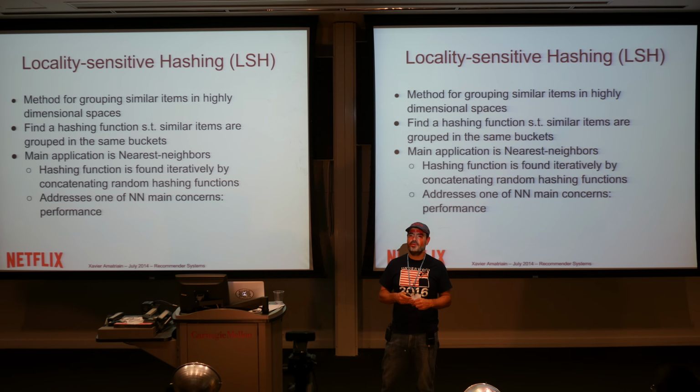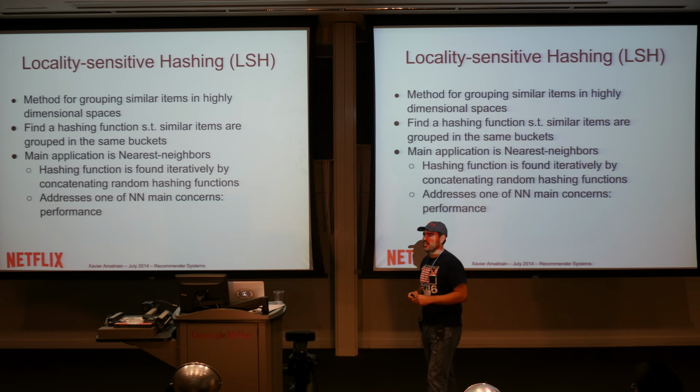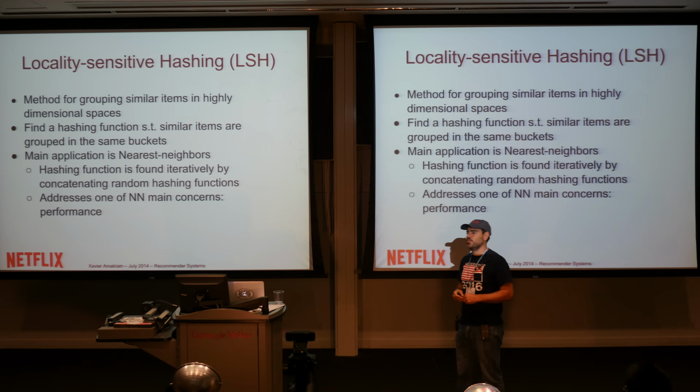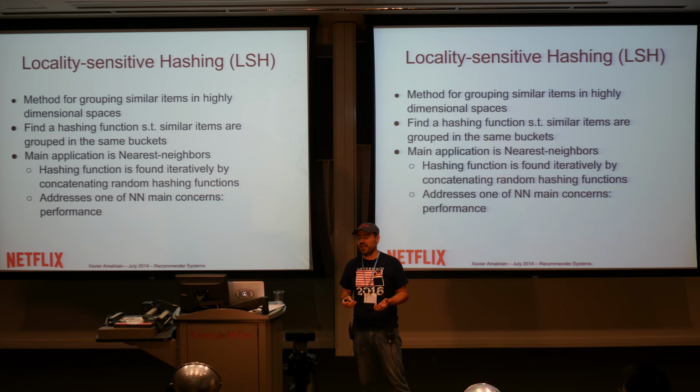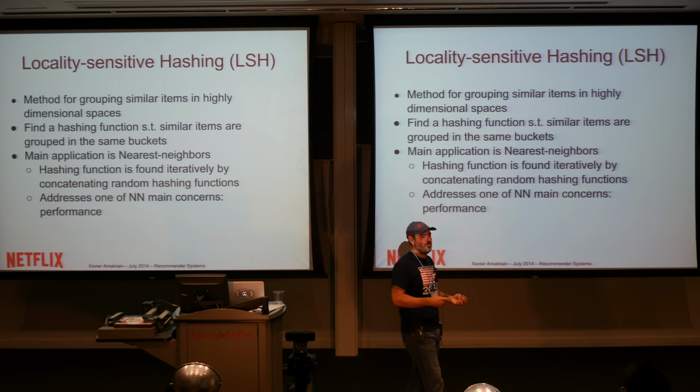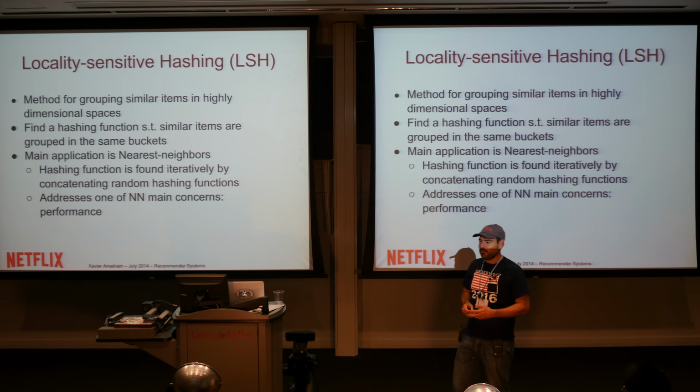How many people have heard of LSH before? Okay, some, yeah. So the basic idea of LSH is you build a hashing function in a way that you're grouping things that are similar, right? And of course, the trick here is, how do I find that hashing function that is able to group things that are similar?